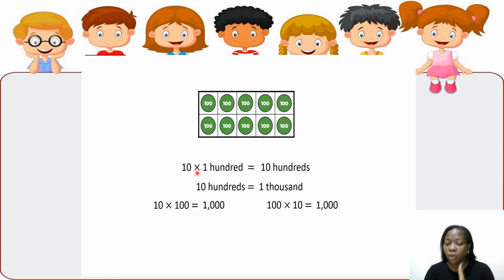So 10 times 100 makes 10 hundreds. 10 hundreds is equal to 1000, like we just counted. So 10 times 100 is equal to 1000, and 100 times 10 is also 1000, because when you move the numbers about, it doesn't make any difference to the answer.